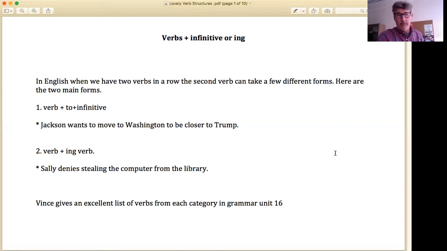I'll explain it more as we go along, but I find it a really good way to expand how you can use verbs and create more complicated or more precise sentences. So right now we have two structures: a verb plus an infinitive, and a verb plus an ing verb, or gerund. Remember, it's the first verb that determines the form of the second verb.